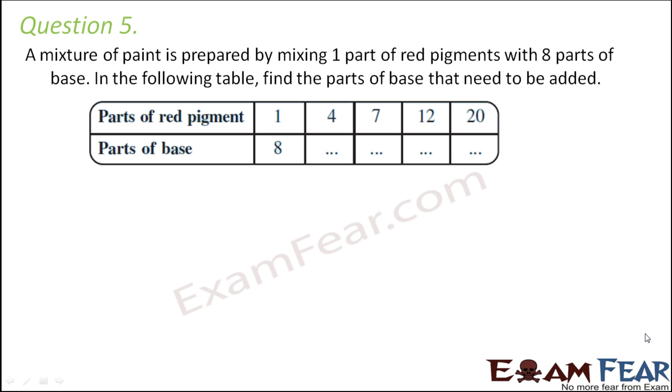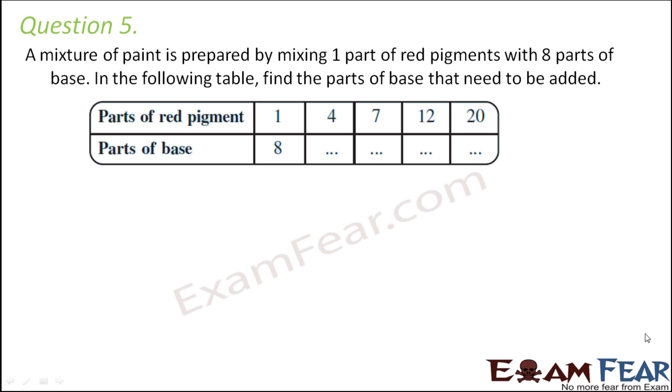Question number 5. A mixture of paint is prepared by mixing 1 part of red pigments with 8 parts of base. In the following table, find the parts of base that need to be added. Now, in this case, the ratio of the red pigment and the base should remain constant at all times.